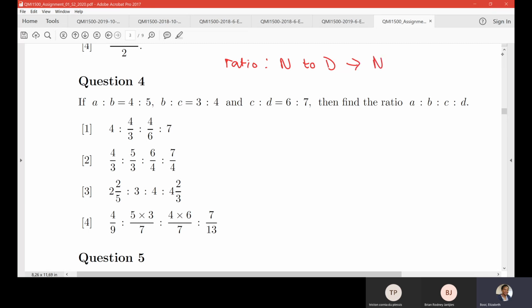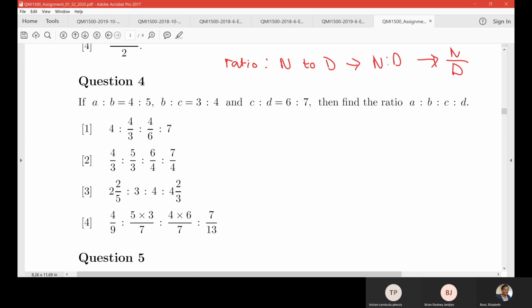So we say it is numerator to denominator like that. If we convert this into a fraction, we can just write it as numerator over denominator. It means one and the same thing. And we can use the ratios to calculate the proportions.